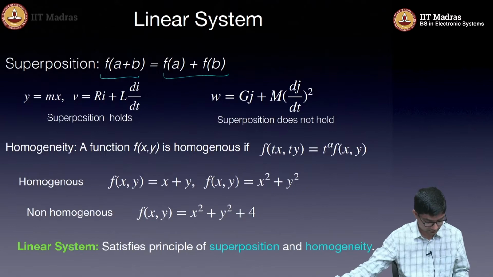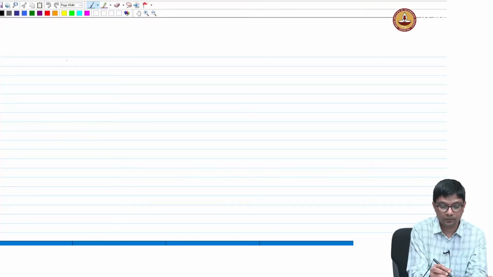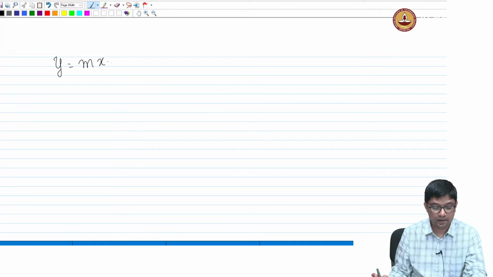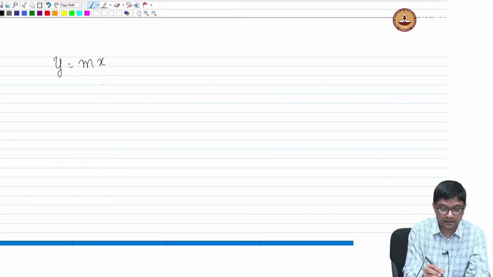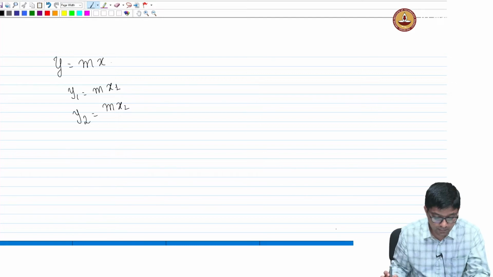So let me do a simple thing. I have a system of the form y is m times x. Then let's say y1 is m times x1, and y2 is m times x2.